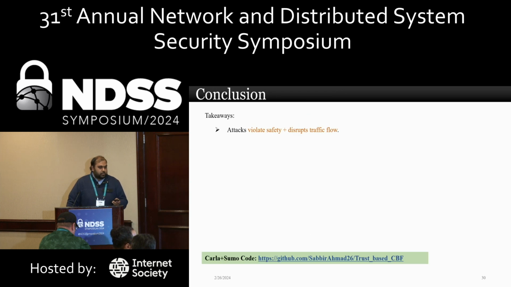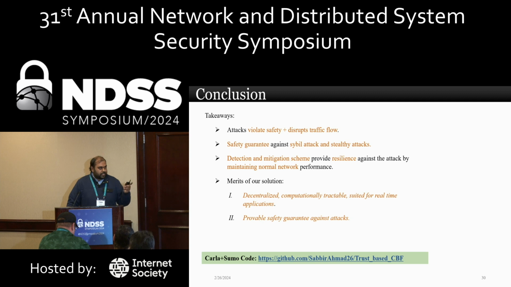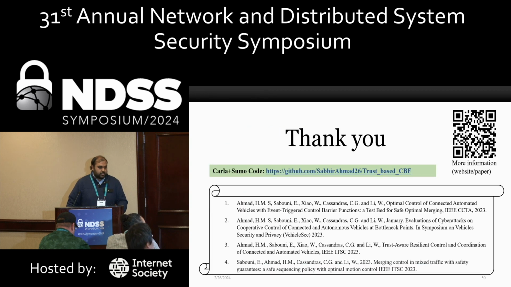The main takeaways are that we have this safety-guaranteed control that gives us safety guarantee against Sybil attacks and stealthy attacks, and we're also able to mitigate the effects of attacks. The merits of our solution are that it's decentralized, provides provable safety guarantee, and provides guarantee against false positive cases. So that brings me to the end.